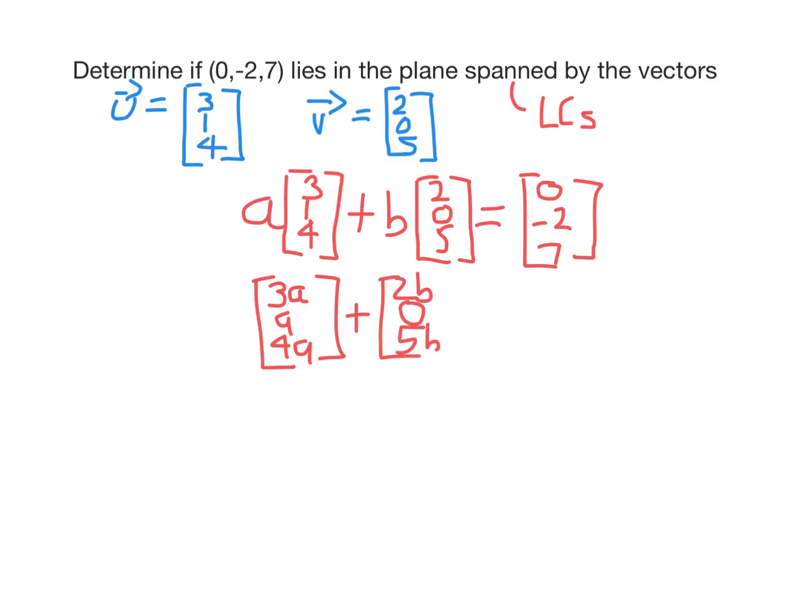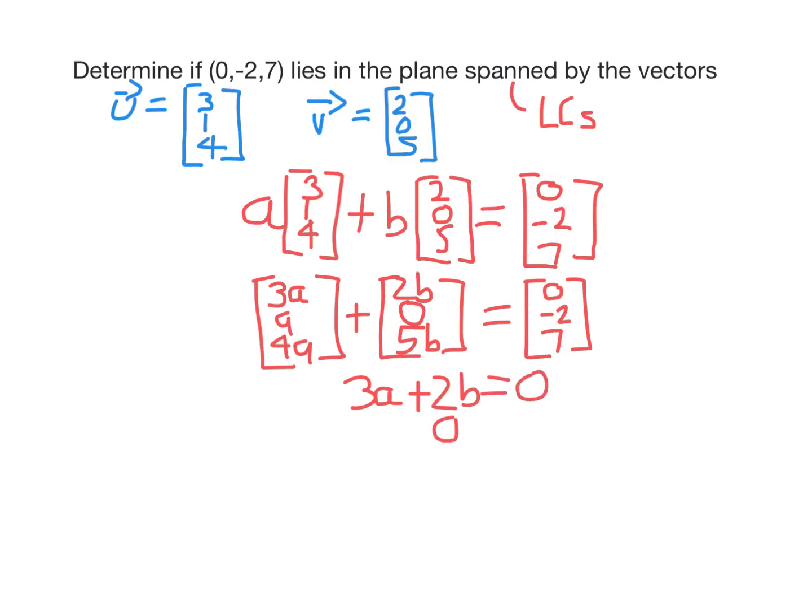So I have to see if this sum here is possible. So we need the first component to be equal, so that means 3a plus 2b equals 0. We need the second component to be equal, and then we need the third component to be equal. Now what happens when you have this situation in which we have 3 equations yet only 2 variables? We're going to solve the first 2 and make sure that that solution is consistent with the third equation.